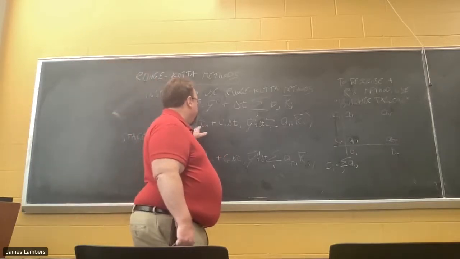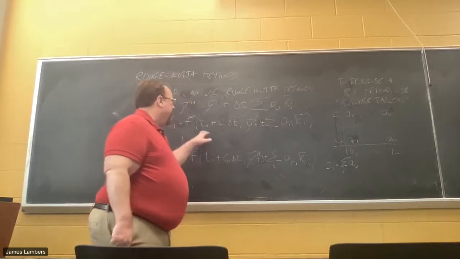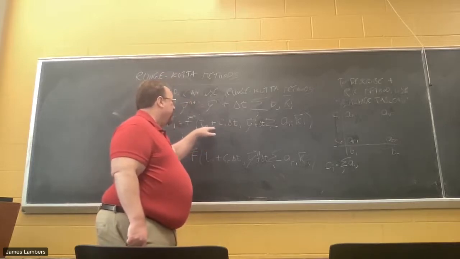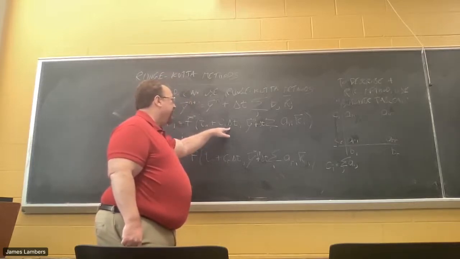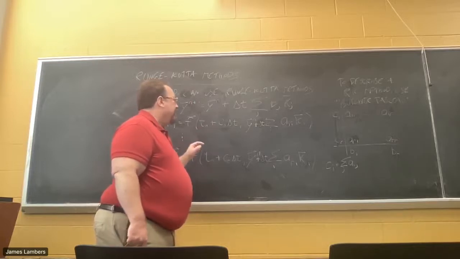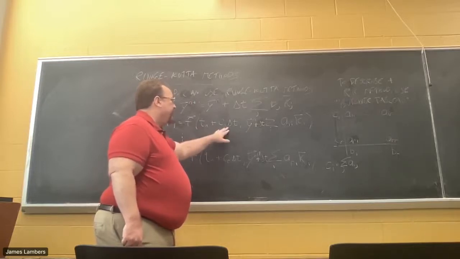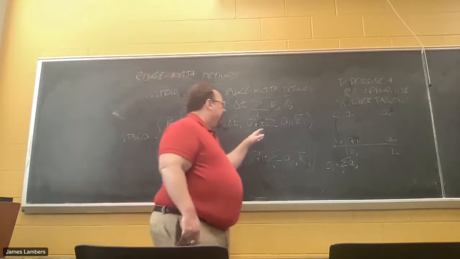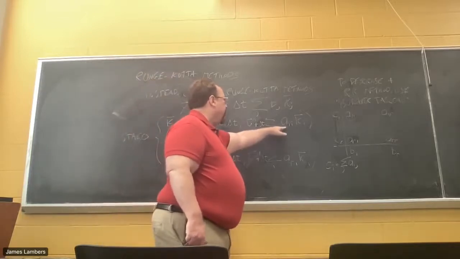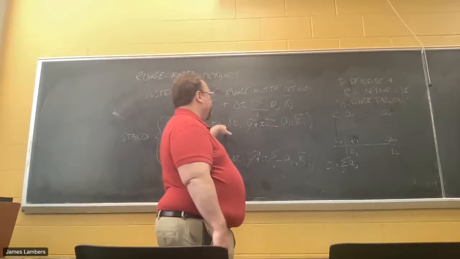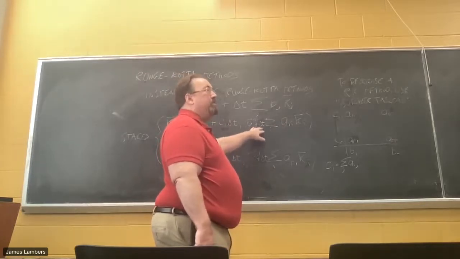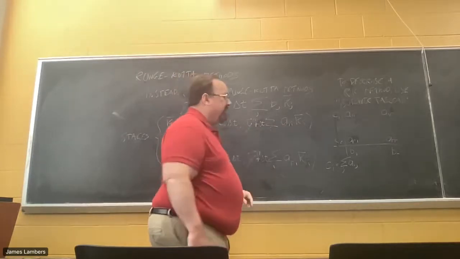each call to F in one of these stages is evaluating at a certain time. So we have a multiple of delta T that we're advancing by. Because we're going to this point in time, all these coefficients add up to this, so that this is evaluated at the same point in time as this.